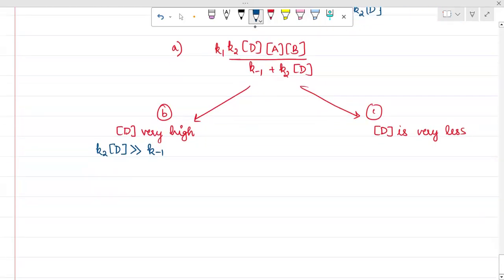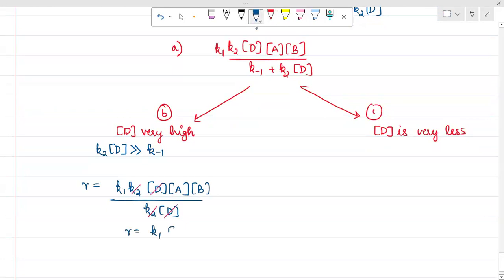So from the expression, you can write rate as equal to K1, K2, concentration of D into concentration of A into concentration of B divided by K2 into D. You can neglect K minus 1 because it is very small. Doesn't matter if it is there or not, so you just neglect it. After neglecting, K2 gets cancelled, D gets cancelled. So the expression is K1 A into B. What is the total order? Order when the concentration of D is very high is equal to 2.